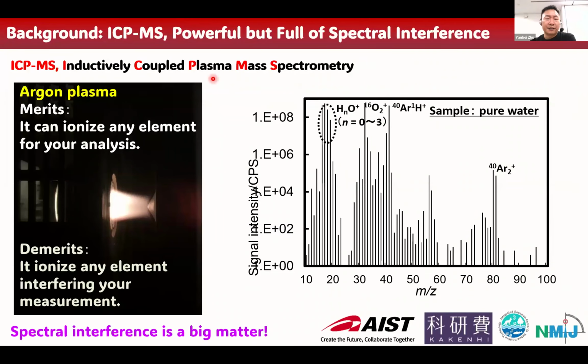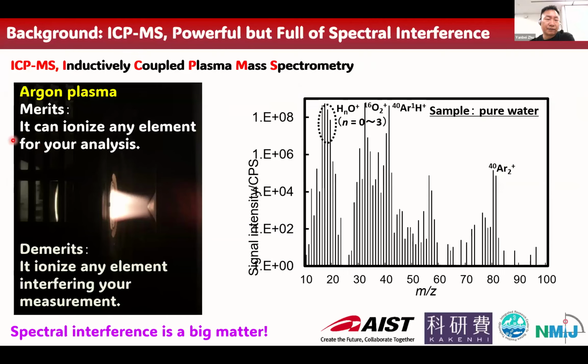ICP-MS is inductively coupled plasma mass spectrometry. It's a powerful machine, but also full of spectral interference problems.